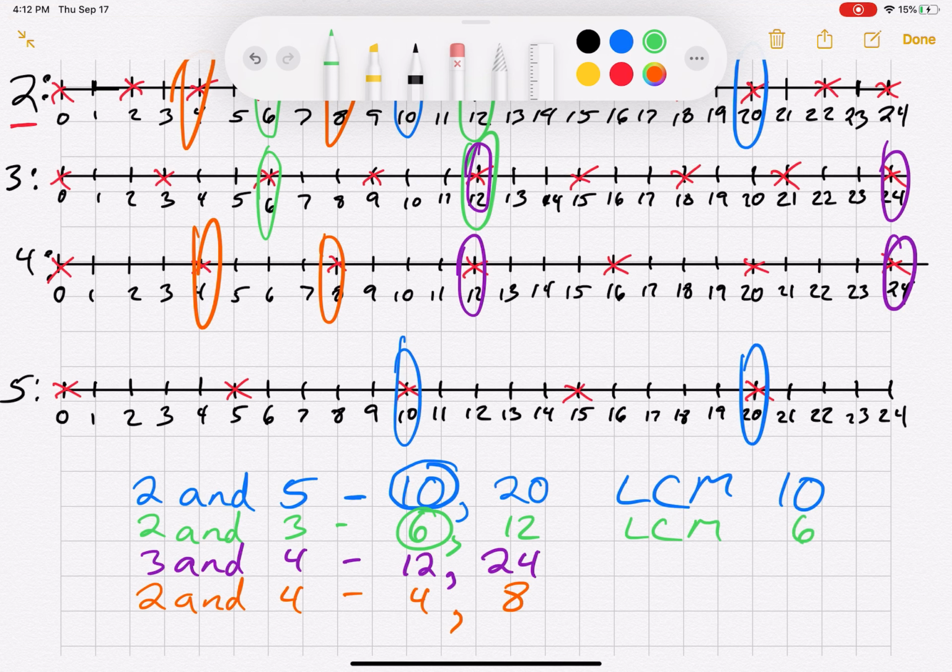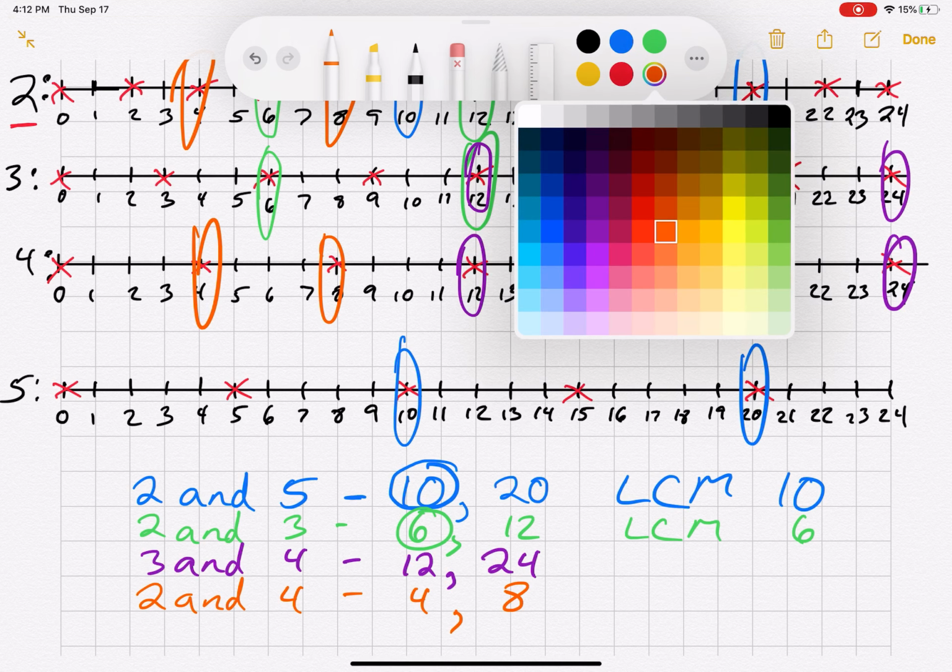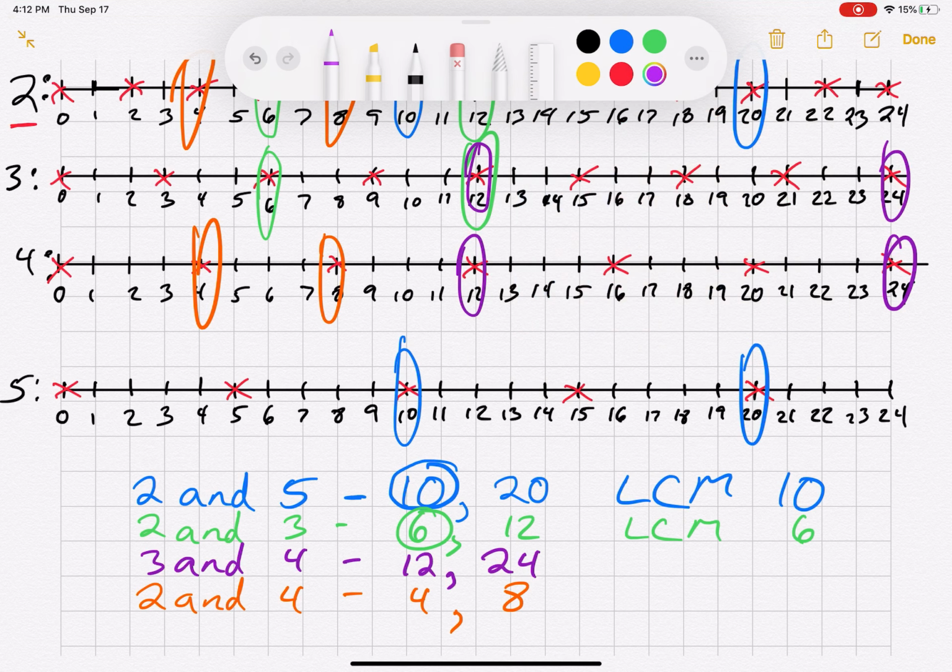The lowest common multiple for 3 and 4 is 12. And then the lowest common multiple for 2 and 4 is 4. It's the smallest one, the lowest to the smallest, right?